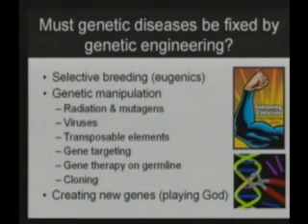It's usually detrimental. In that list, there are much more promising candidates. Viruses, I'll give you an example of that in a moment. There are transposable elements, so-called jumping genes that move around the genome. We can manipulate those, but not very effectively. Gene targeting, where we can identify a gene, knock it out, and replace it by another one. There are cloning techniques, and so on and so forth.